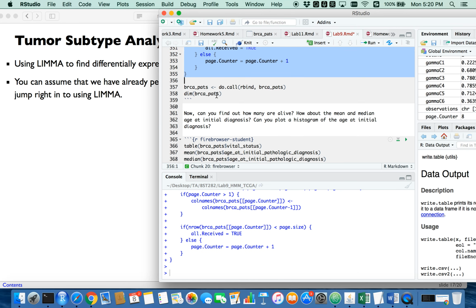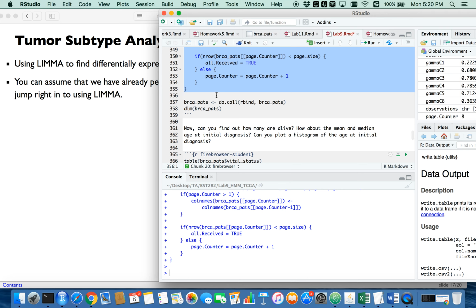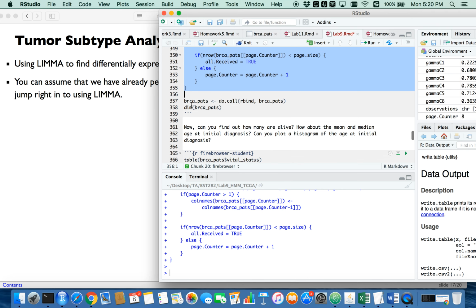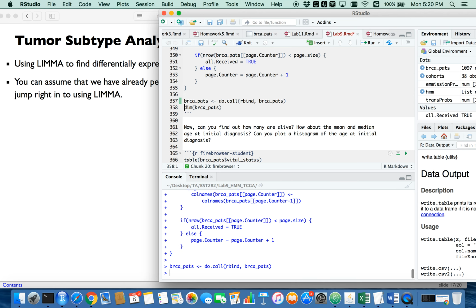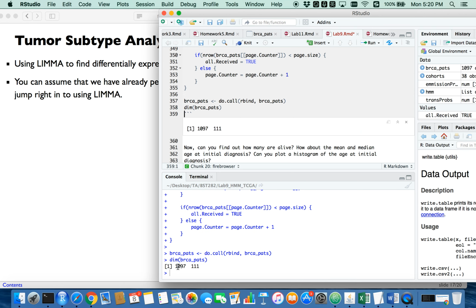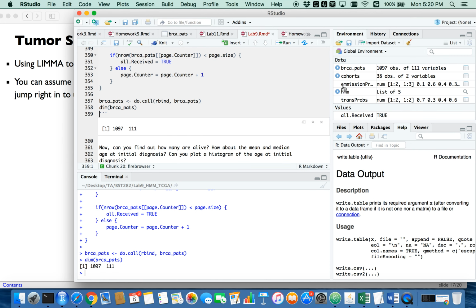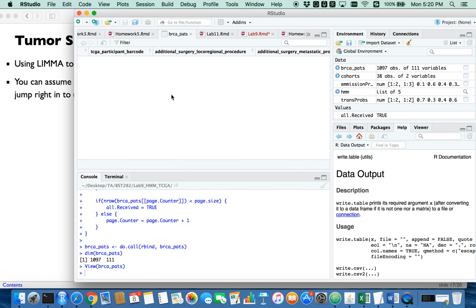Actually, this code is inherited from the package's developer, and then we can check the dimension. So now we have 1,097 patients with 111 indicators.